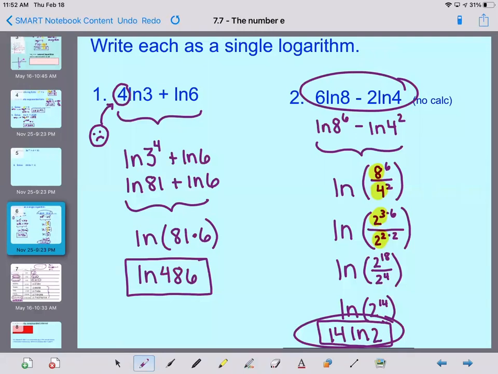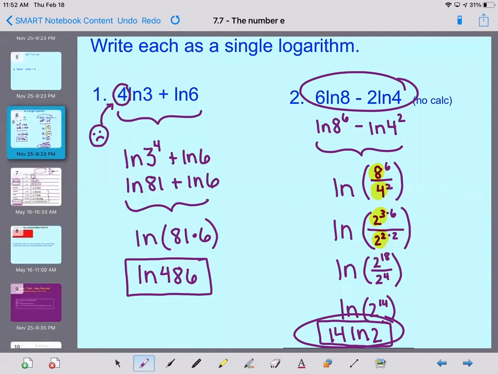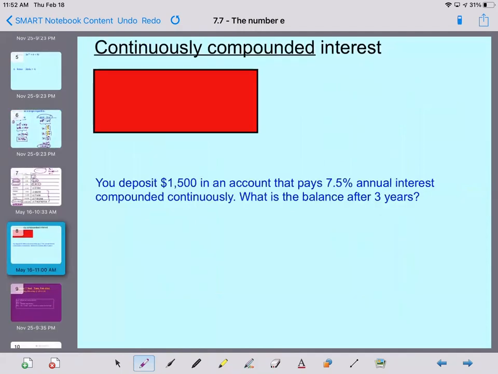All right, last thing I'm going to show you is a word problem with compounding continuously. The wording of this question is what you saw before. Remember we had that other formula. I'm just going to put it off to the side here.